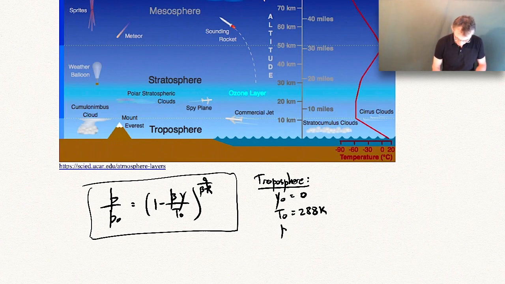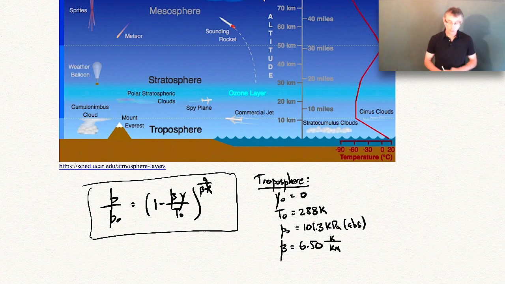The P naught will be 101.3 kilopascals absolute, again corresponding to standard temperature and pressure. And then the beta is 6.50 Kelvin per kilometer. So the temperature drops 6.5 degrees Celsius or 6.5 Kelvin for every kilometer you go up in altitude.